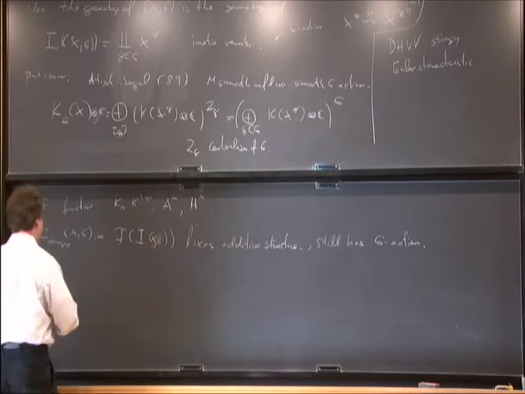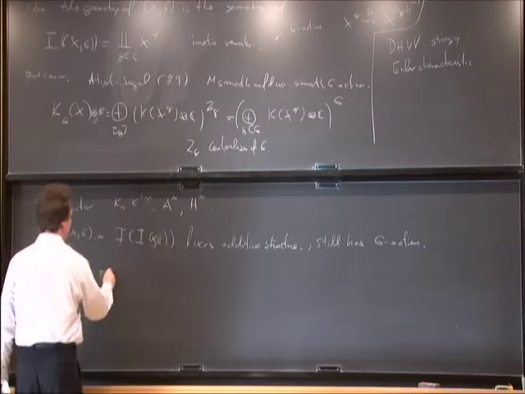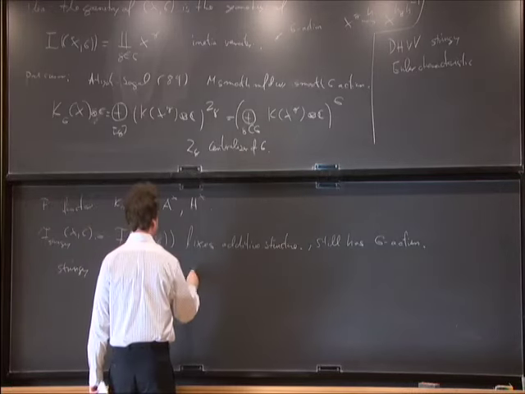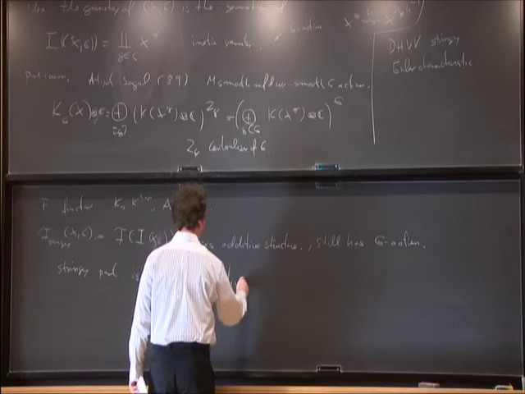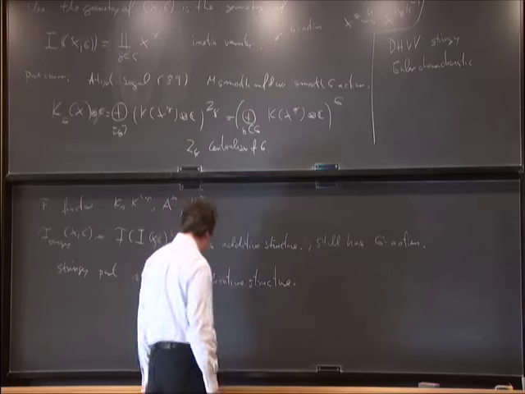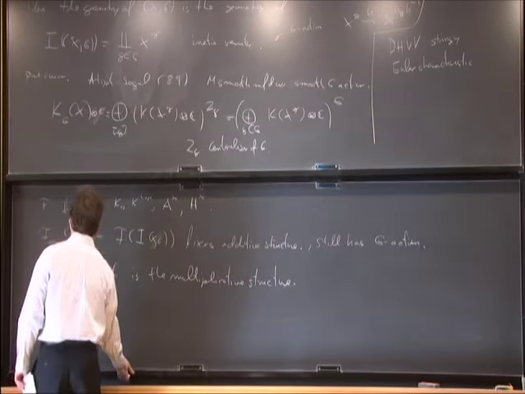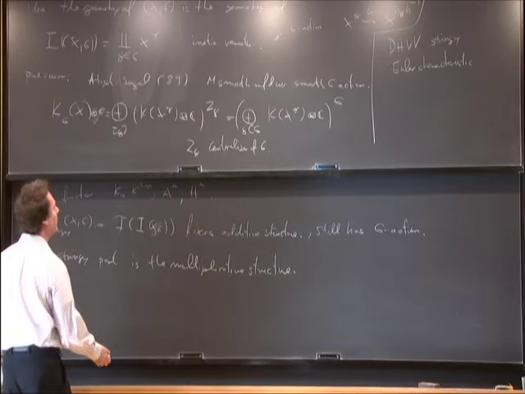So the stringy part is the multiplicative structure. And how do you write down this multiplicative structure? Maybe I should... So, what does this mean? Did I mess this up? Yeah, I should have probably taken the other one.